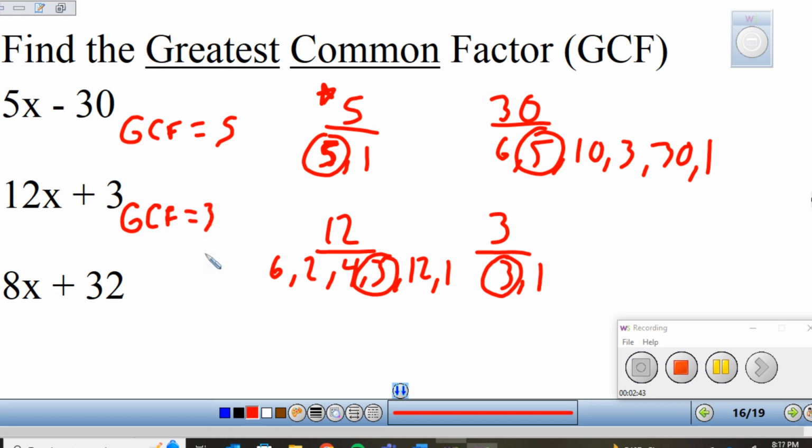Finally, we'll look at 8x plus 32. So let's write the two terms down. We have 8 and we have 32. The factors for 8 are 4 and 2, and 8 and 1.